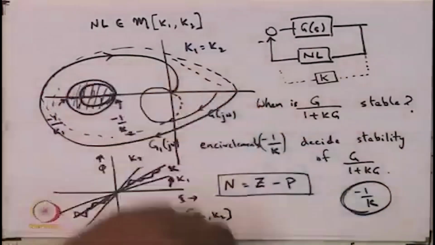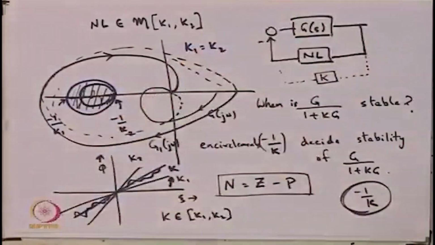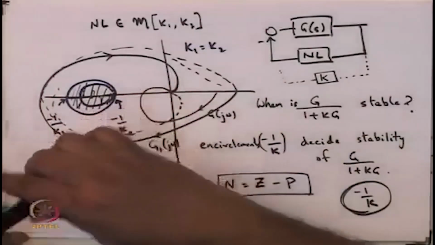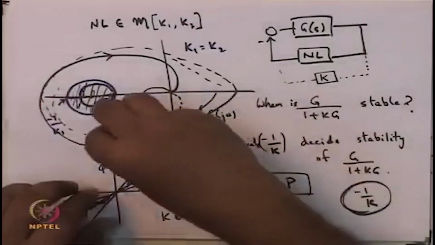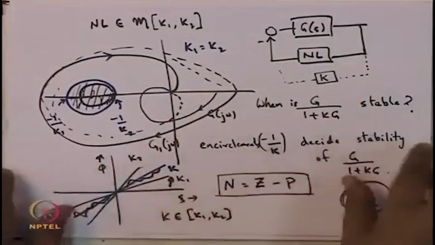So in a sense, it is the generalization of the Nyquist criterion that one uses for the linear plants. Okay. So now you could have the various circle criteria for various different nonlinearities.